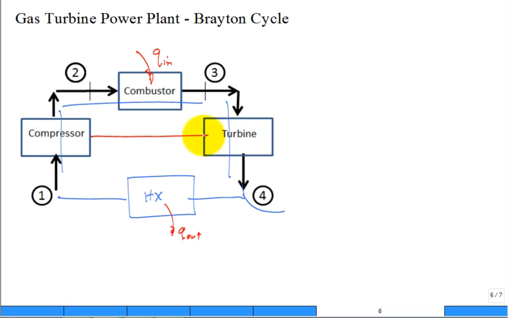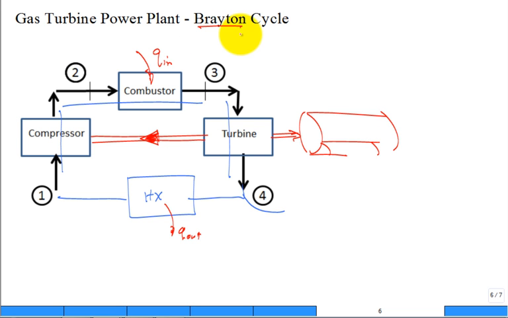There's typically a shaft that connects the turbine back to the compressor, and some of the shaft output of that turbine drives the compressor. It takes a lot of work to boost the pressure of an ideal gas going through the compressor. Where does it come from? From the turbine. And the excess can drive an electric generator to make electricity and sell it. Okay? So that's the general idea of the Brayton cycle.